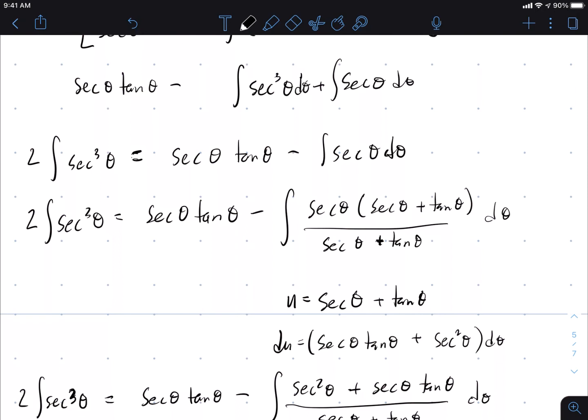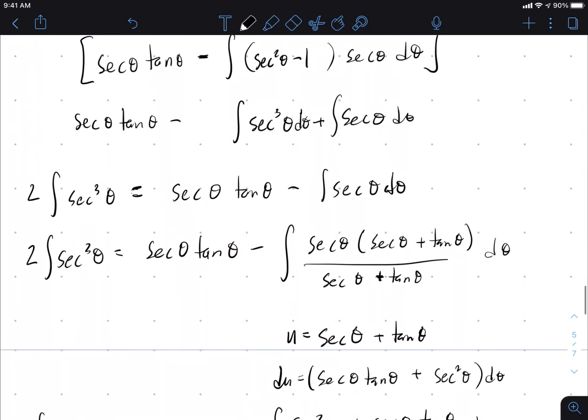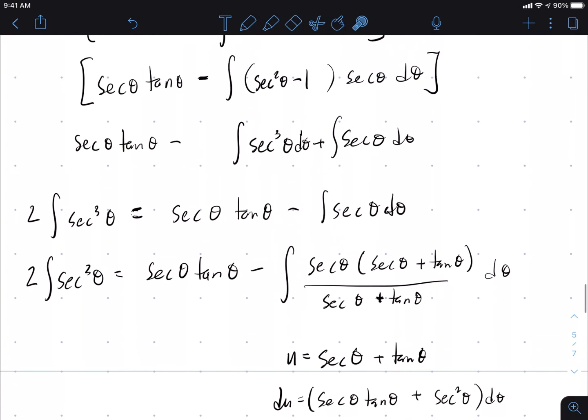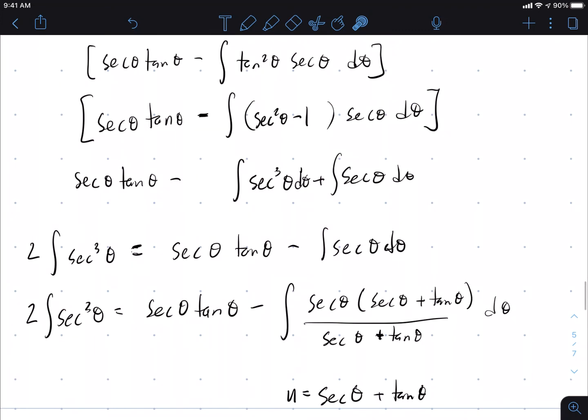Because shouldn't it be plus? Well, I don't know if I copied it down wrong, but shouldn't it be plus ln secant theta plus tan theta? Where are you talking about? Plus sign in front of the integral of secant theta d theta. You're saying here? Where did you get your minus sign from? That minus sign. So when I did the distribution, this should have been a plus.